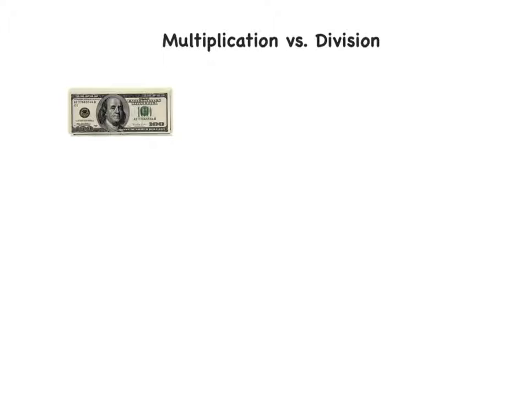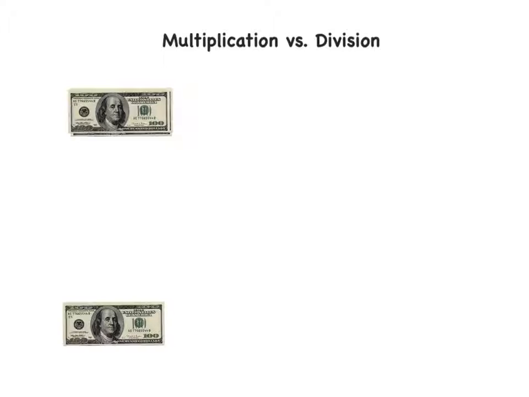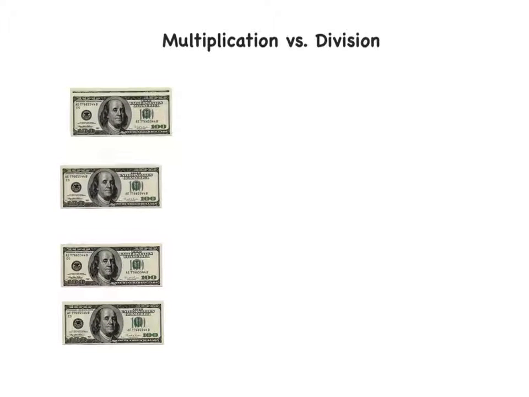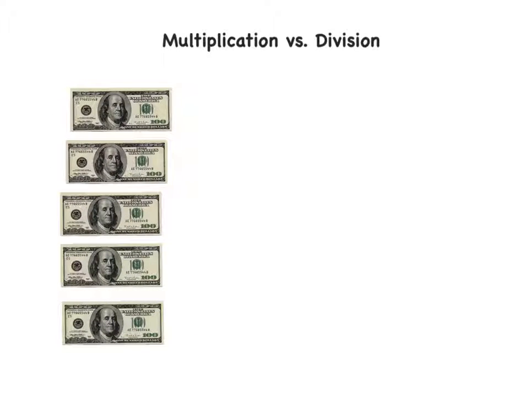Well, if we think about that, there are two different ways you could actually work this problem out. You could think of it as repeated addition. So you have 1 student, 2 students, 3 students, 4 students, and 5 students, which we know is $500. We could also write this as a multiplication problem as 5 times 100.